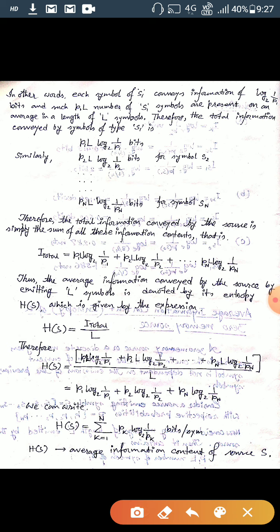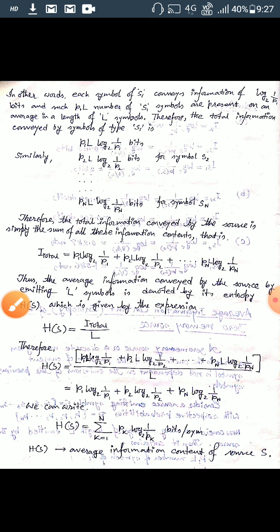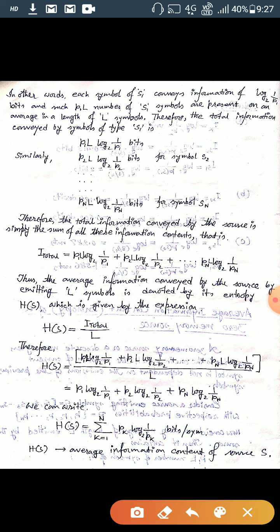Now, each symbol of S1 conveys information log base 2 of 1 by P1 bits, and P1L is the number of S1 symbols present on average in a message of length L. So what will be the total information conveyed by the symbols of type S1?